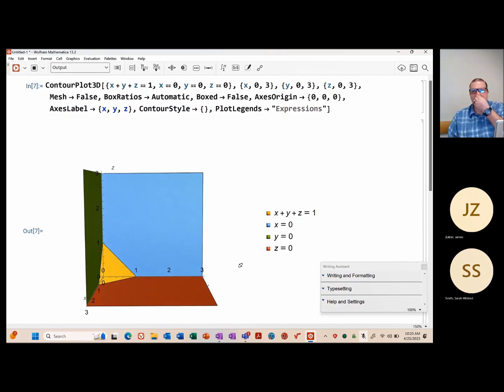And there we go, which means that yellow is the surface.